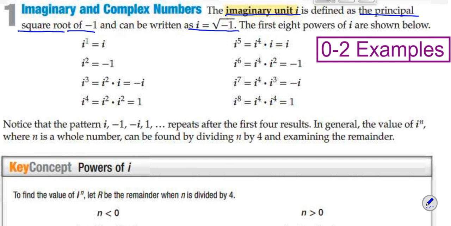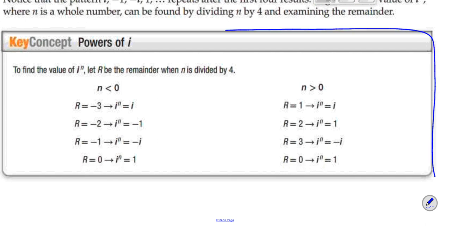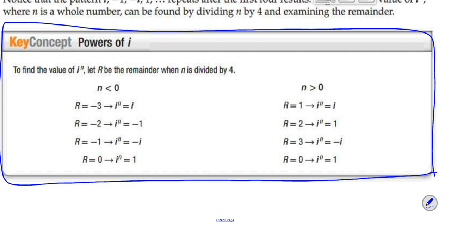So the book authors give this information about the powers of i, and I'll just leave that there for you right now. And if you need to pause this, you can, if you want to do it this way. To me, it's a little bit hard to exactly follow, but I'll leave that for you as you go.